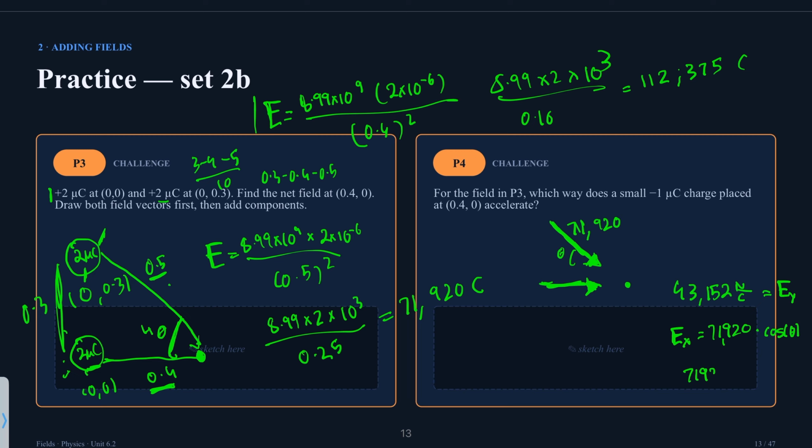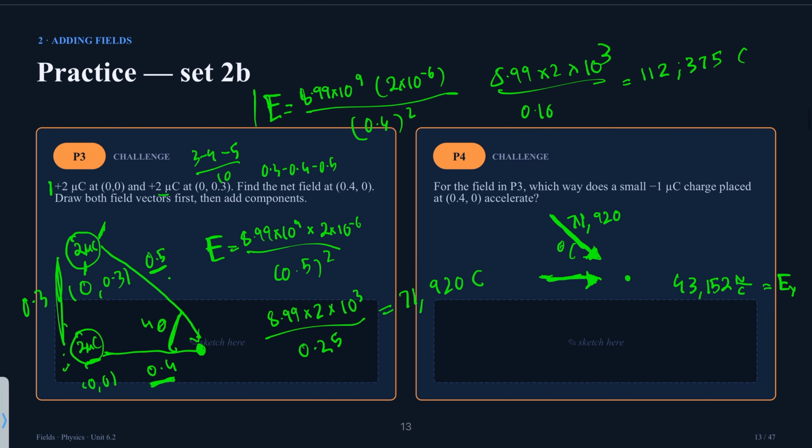So 71,920 times 0.4 over 0.5. And so that should be about 57,536. Okay, so 57,536. And then we can obviously add these together.